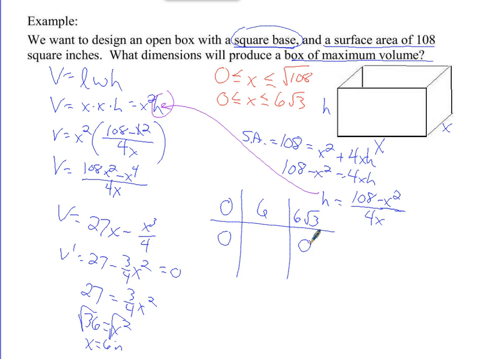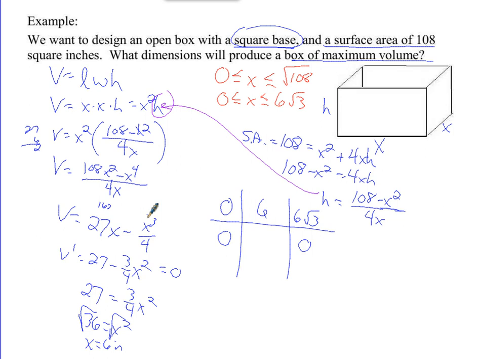So now I'm up to 6. Take 6 and plug it in here. 27 times 6. 6 times 7 is... Is it 162? Okay. So we have 162 here, and then 6 cubed. 36 times 6.